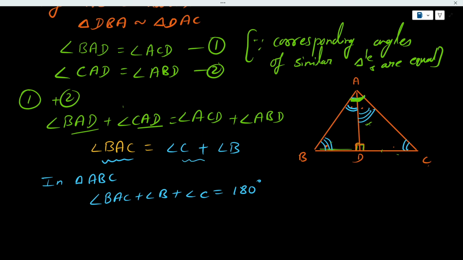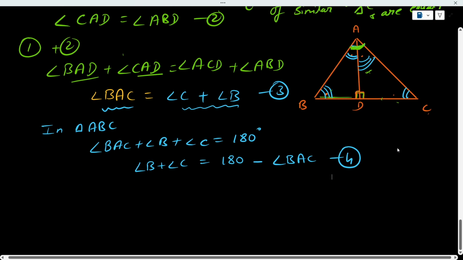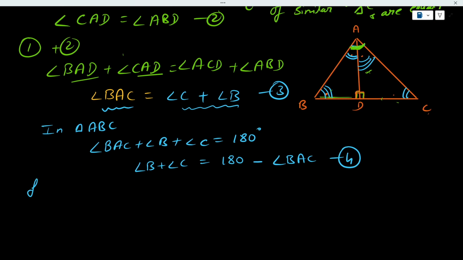So I need to remove this. So can I write down here angle B plus angle C is equal to 180 degrees minus angle BAC. So this one you can label as 3. Now this is 4, right? So from 3 and 4, you can substitute the value from 4 to 3. I can substitute here angle BAC will be equal to 180 degrees minus angle BAC.